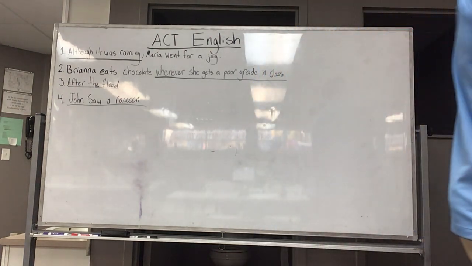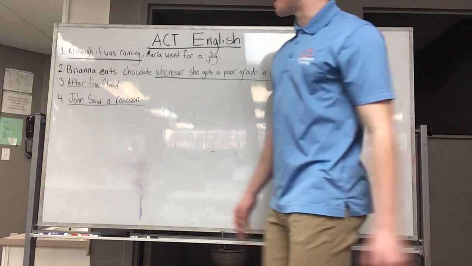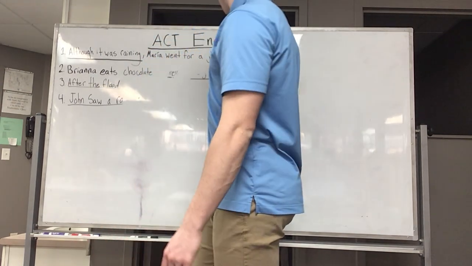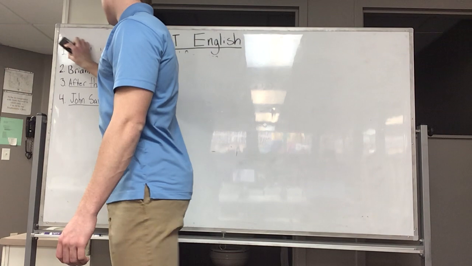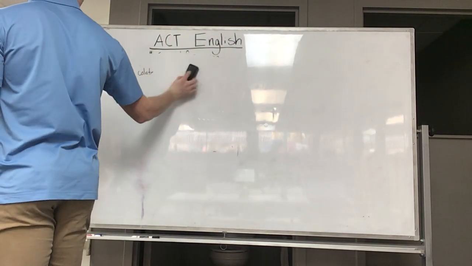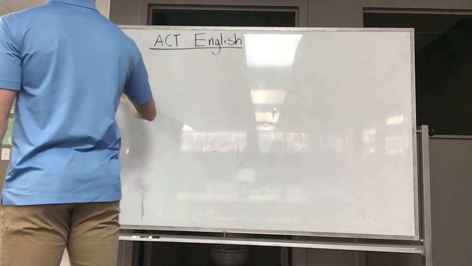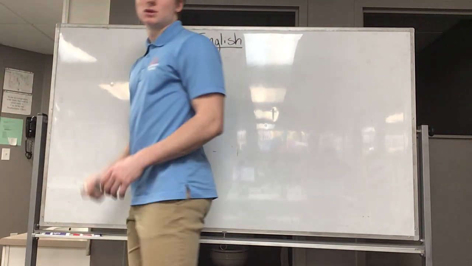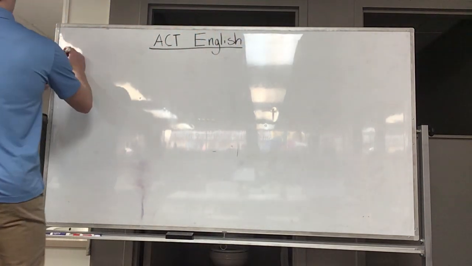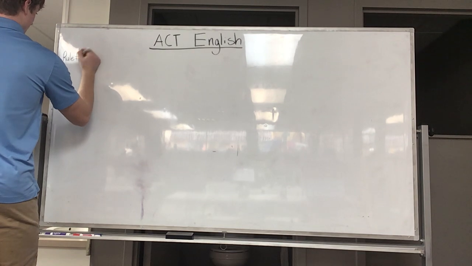Alrighty. So this introduces us to comma rules, because comma rules have a lot to do with independent and dependent clauses. So the first comma rule is that commas separate introductory phrases from the rest of the sentence.